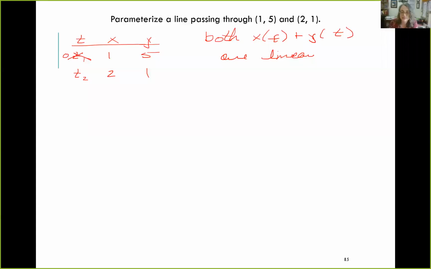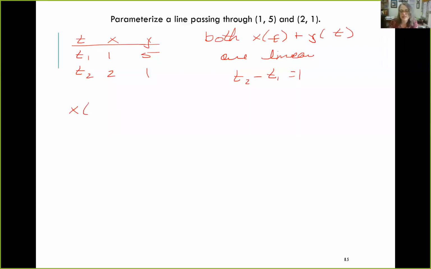I'm going to say this is t equals 0 and this is t equals 1. Actually, I'm not going to do that. I'm going to leave those as t1 and t2. But we are going to say that t2 minus t1 equals 1. So there's only one step in our parametric variable between these 2 points.